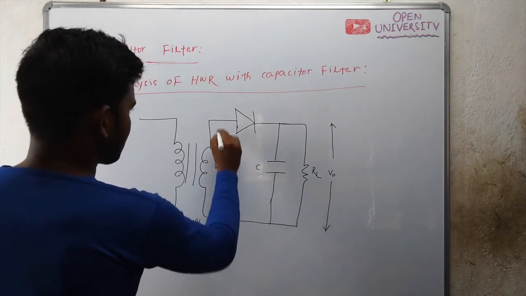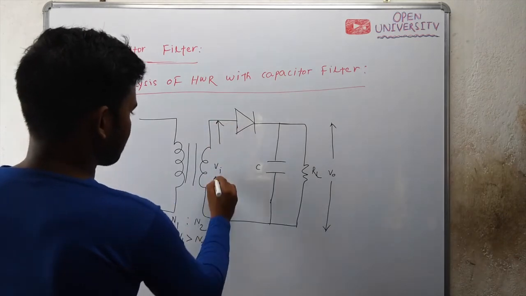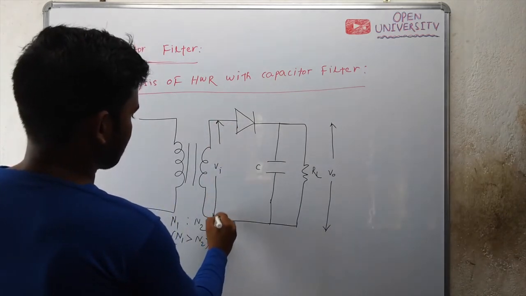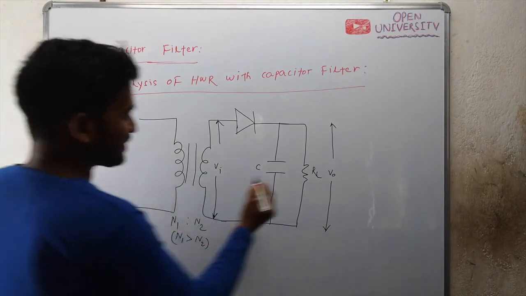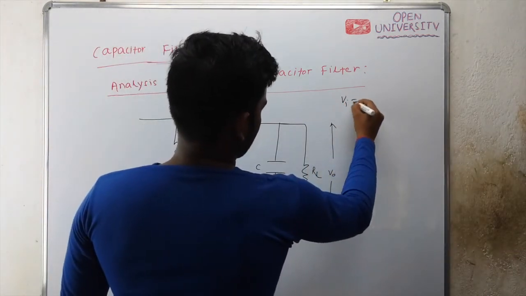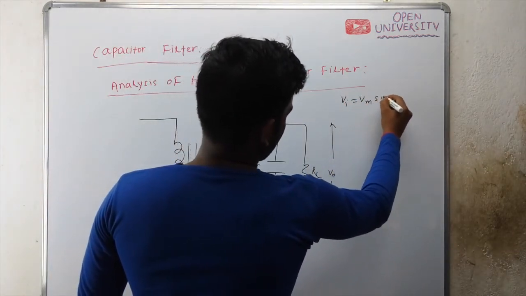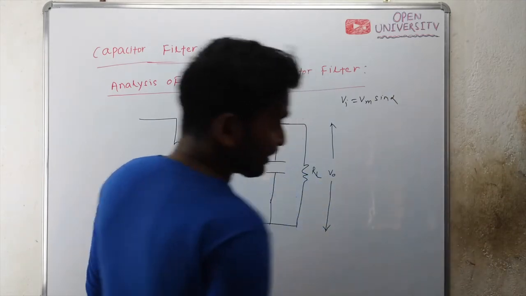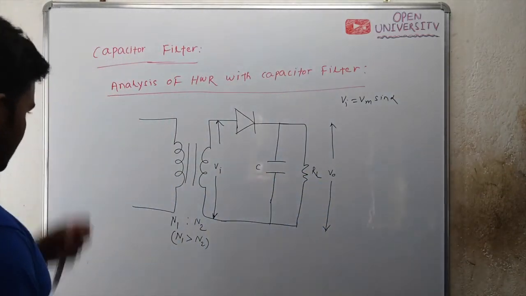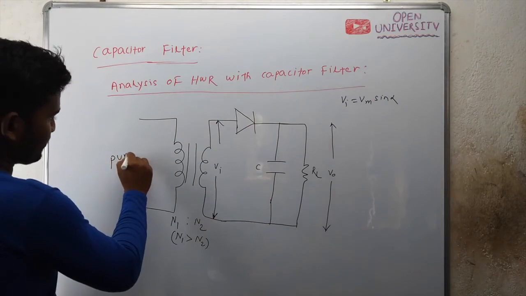This is your input voltage Vi, which is Vm sin alpha, where alpha is omega naught t. This is your pure AC input.